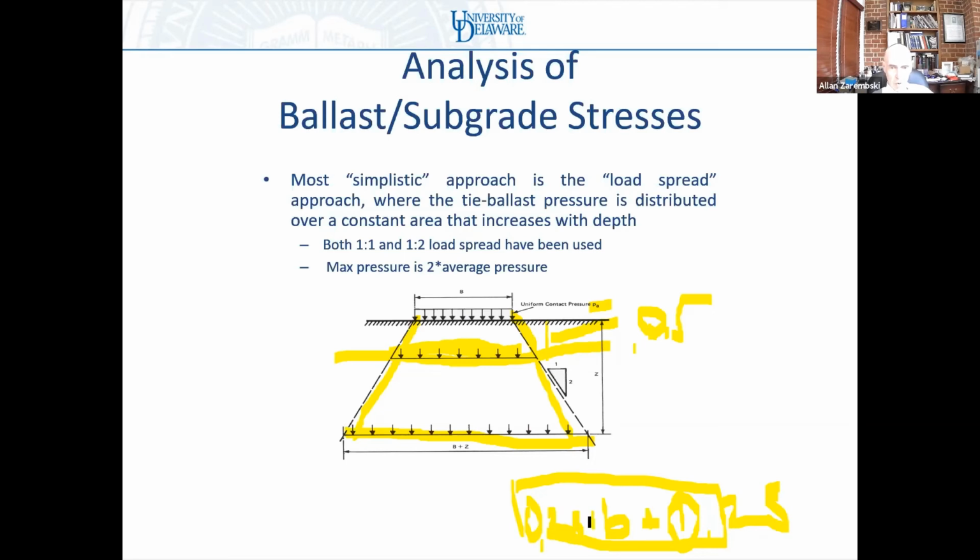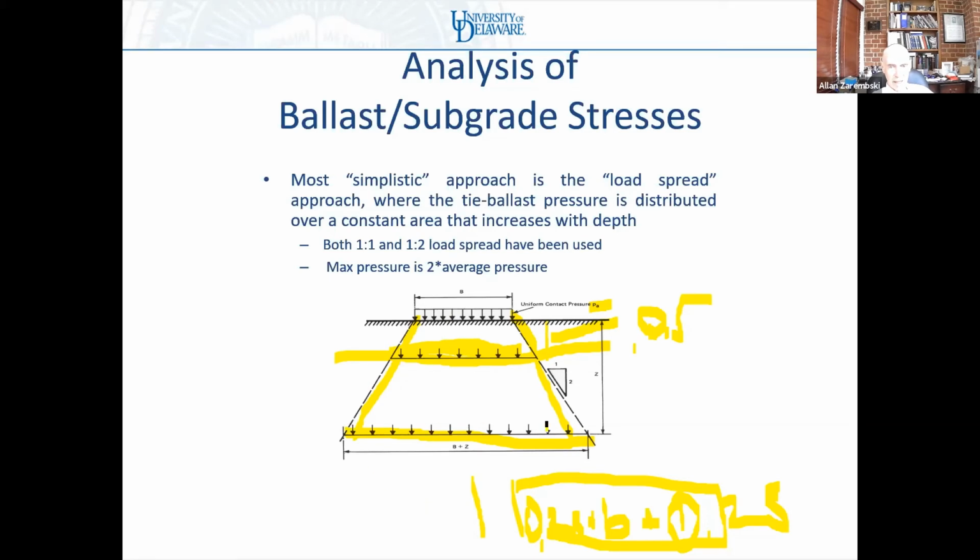So the length becomes B plus 0.5. And the width likewise has that same spread because I have the same spread across the width. So the width becomes width plus 0.5.